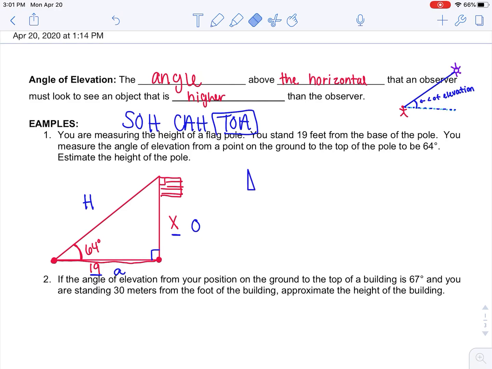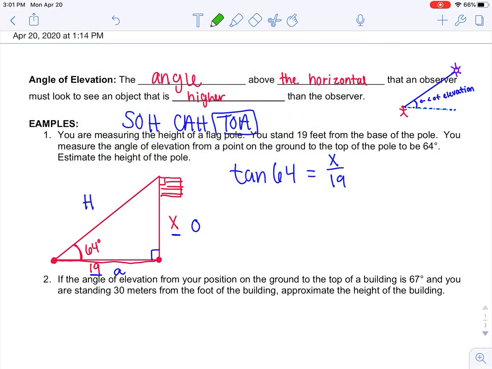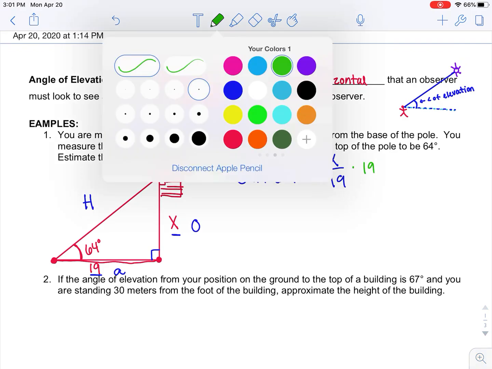So we're going to say tan of our angle, so our angle is 64, so tan 64 is equal to O over A, so O is x, over our A is 19. When x is on top, we multiply. So I'm going to multiply both sides by 19.